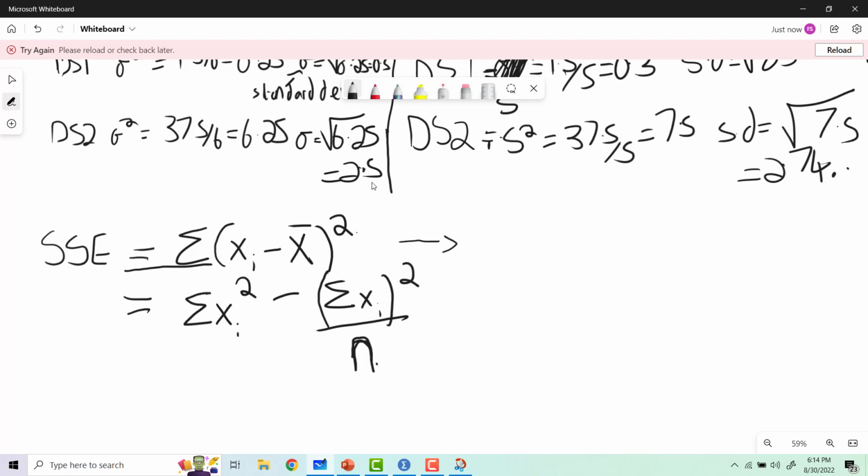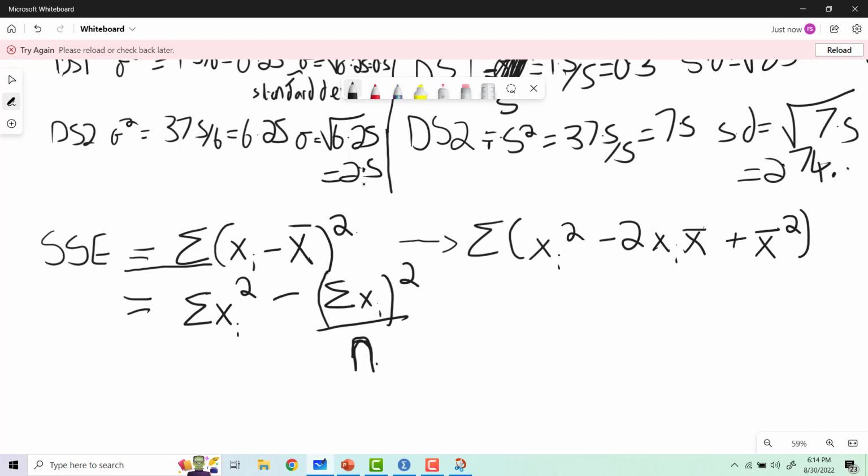So the first stage of this proof would be to do sigma, then we multiply out, so it'd be xi squared minus 2 xi x bar plus x bar squared.